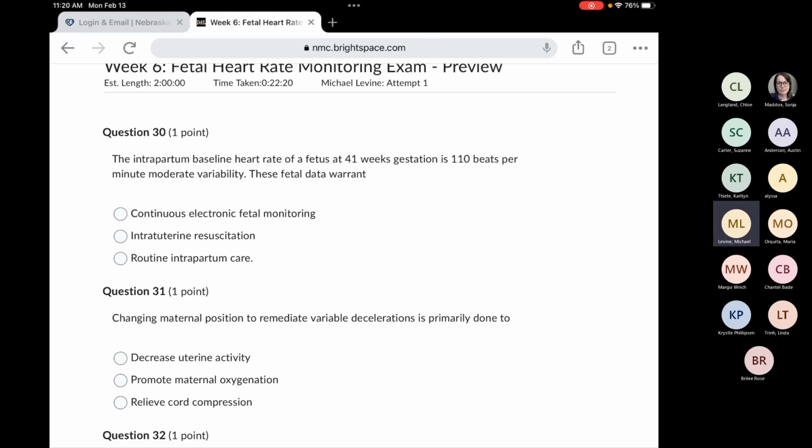The answer is this is normal at 41 weeks because of the influence of the parasympathetic system, which would lower the baseline to 110 to 120 beats per minute. So you would see a baseline at the lower range of the normal range of 110 to 160. Therefore, the answer is routine intrapartum care.